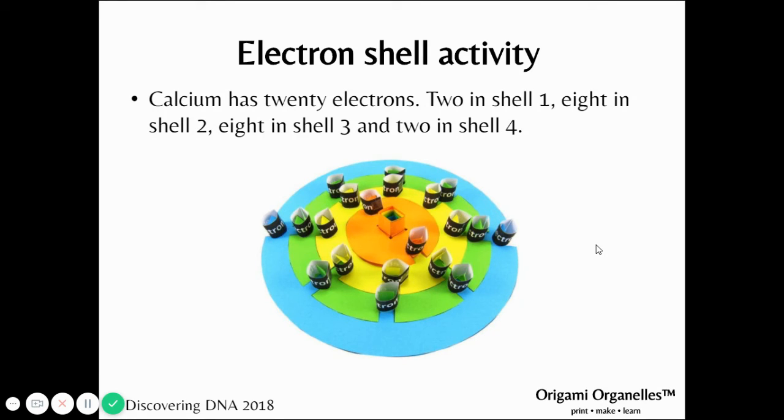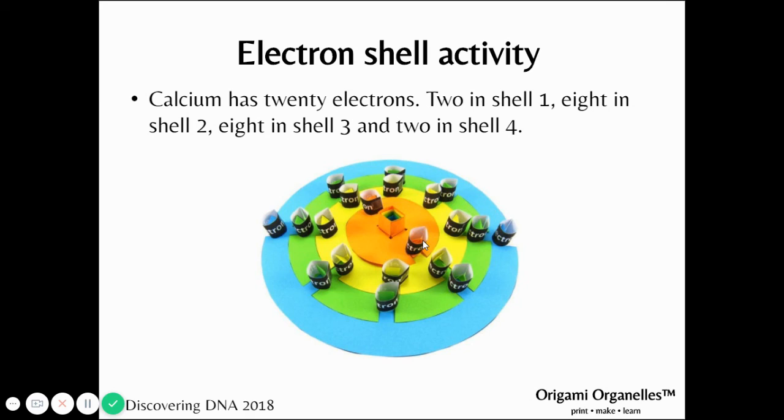I'm going to show you the last element that you can create using this model. This is calcium. Calcium has 20 electrons. So the first shell has 2. The second shell has 8. So the first shell and the second shell are both full. And now the third shell is full. I added the third shell onto here.